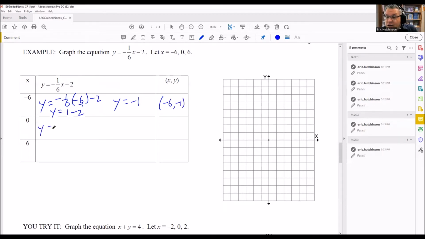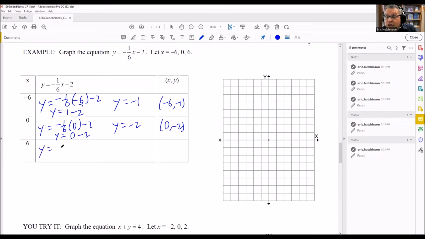Now we're going to put in a 0. -1/6 times 0 minus 2. Now 0 times anything is 0. So we're going to get 0 minus 2 is what would happen there. 0 minus 2 is -2. So we get the point 0, -2. Now we have +6.